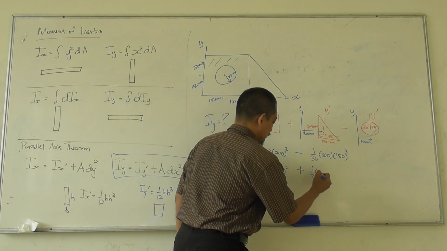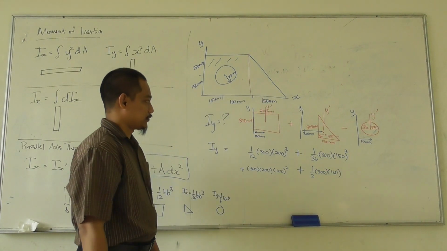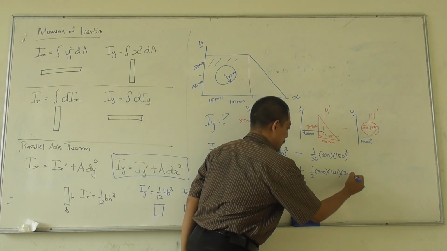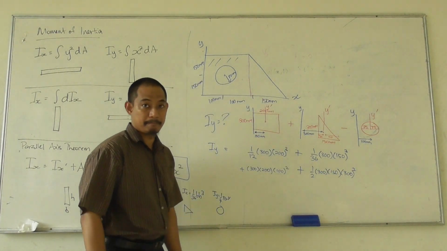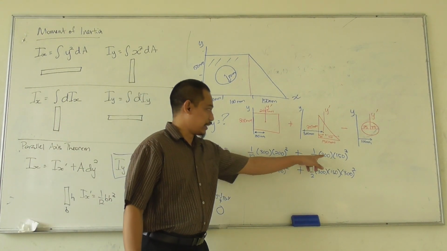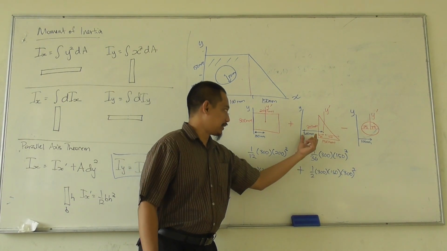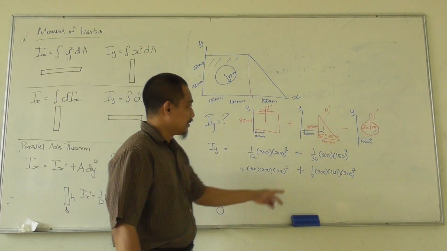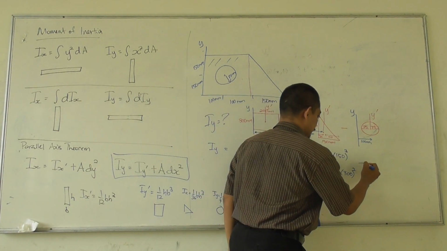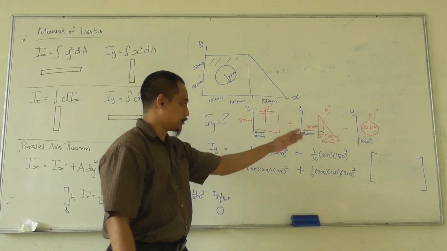Half times 300 times 150, and then dx squared, where dx is 300, so 300 squared. Alright, hopefully you are still following. So this is Iy prime, this is the area times dx squared. This one, remember this is minus, so we will minus this whole thing, right? We will minus the whole thing.